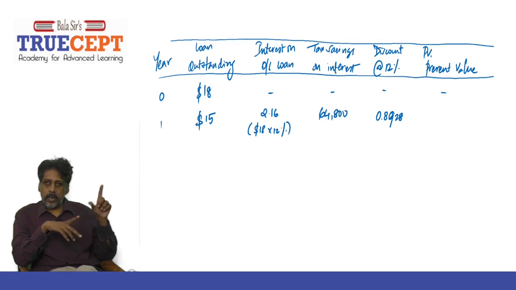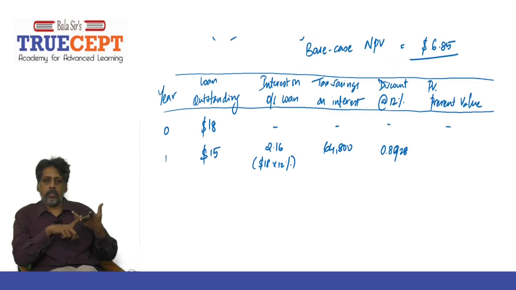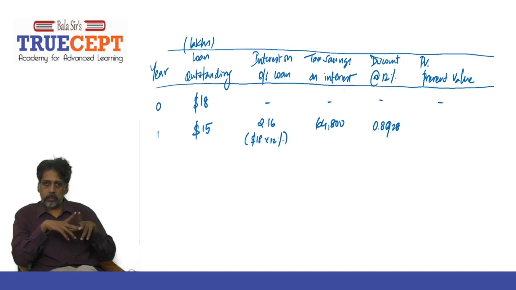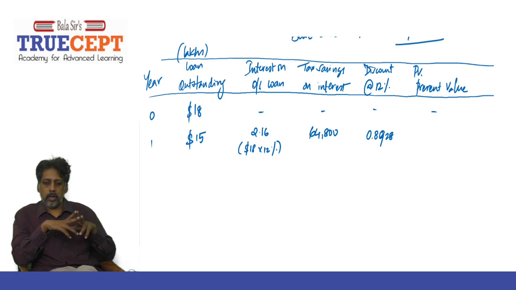And you are writing 18 lakh, right? Yeah. But you have written 2,16,000? I have taken it in lakhs only. Okay, in lakhs. So that's fine, no issues at all.